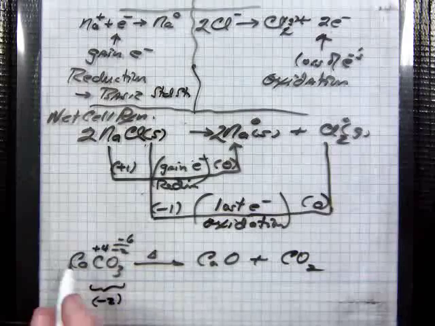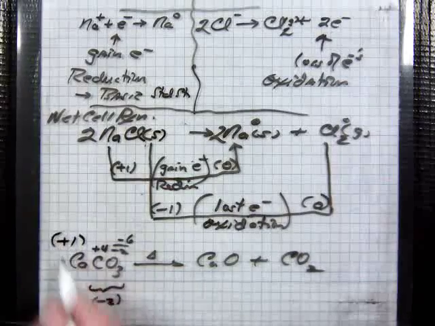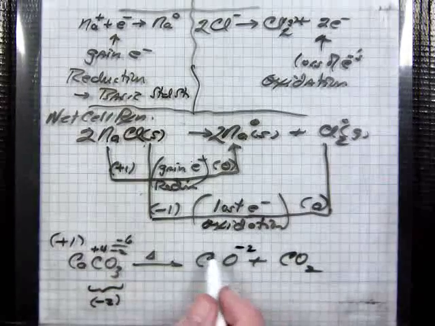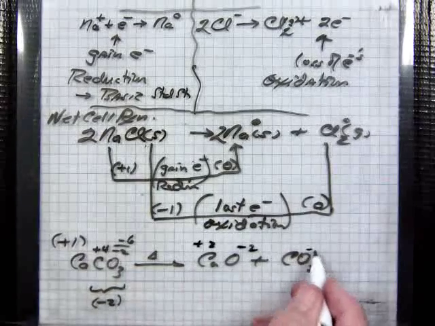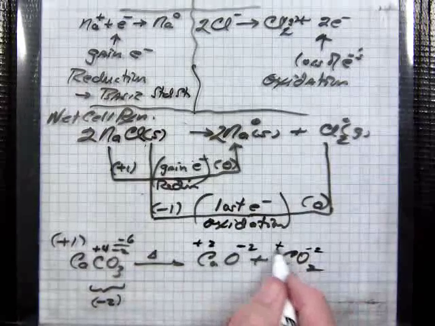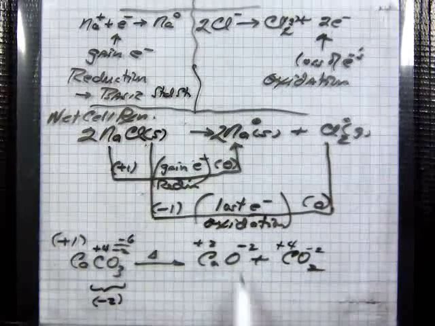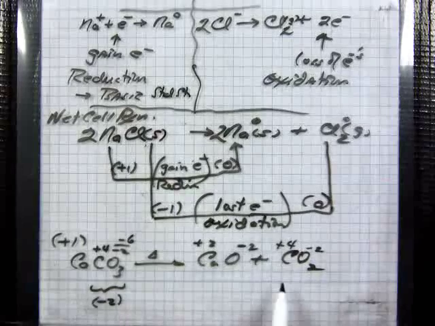Calcium is a +2 right there. Well, you go over here, that's going to be a -2, +2, -2, and that's still the same. I'm using a bad example, I guess. Calcium, oxygen, oxygen, but they still break down.